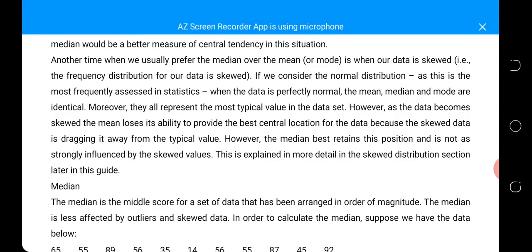If we consider the normal distribution, as this is the most frequently assessed in statistics, when the data is perfectly normal, the mean, median, and mode are identical. Moreover, they all represent the most typical value in the data set.